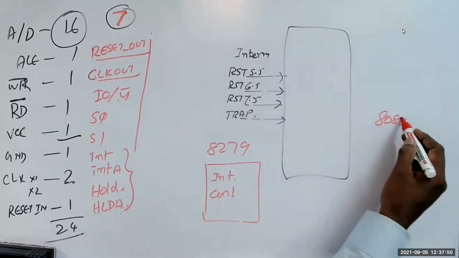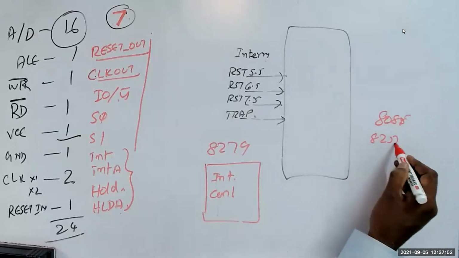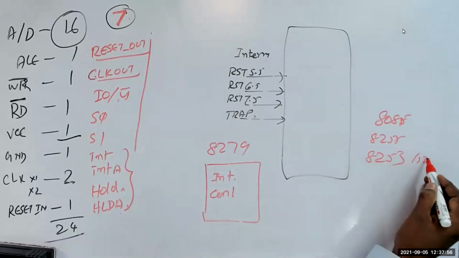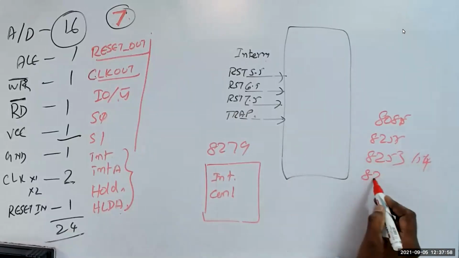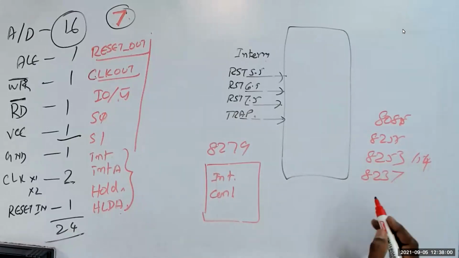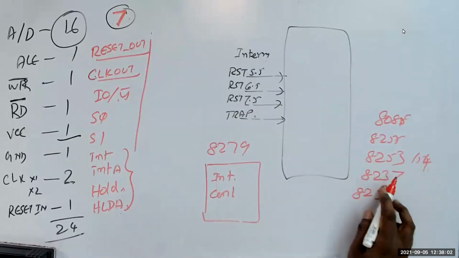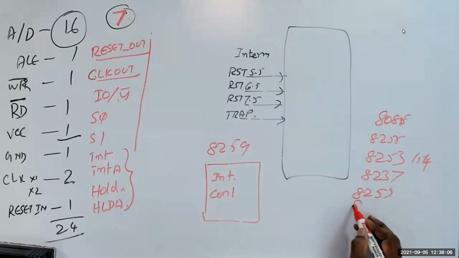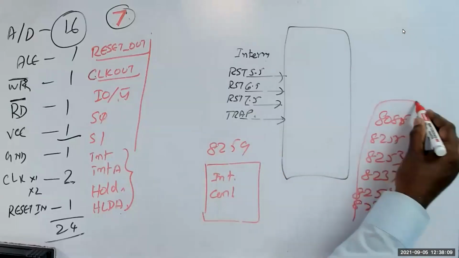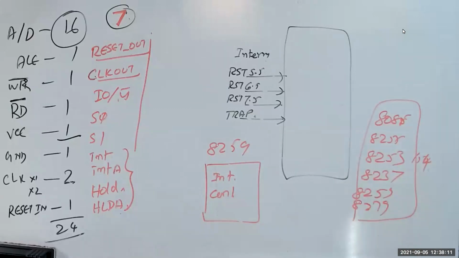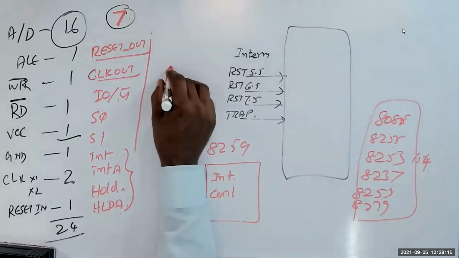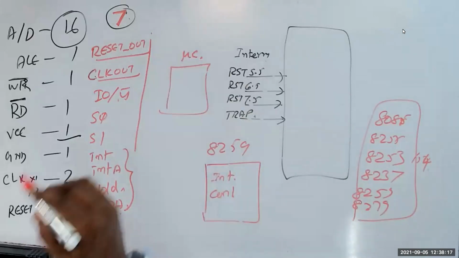There are a few ICs: 8255, 8253 or 54, 8237, 8259, sorry, and 8279. These are the ICs which are called controllers. Nowadays, they put all of them inside a single IC and you call it a microcontroller. That's the thing.